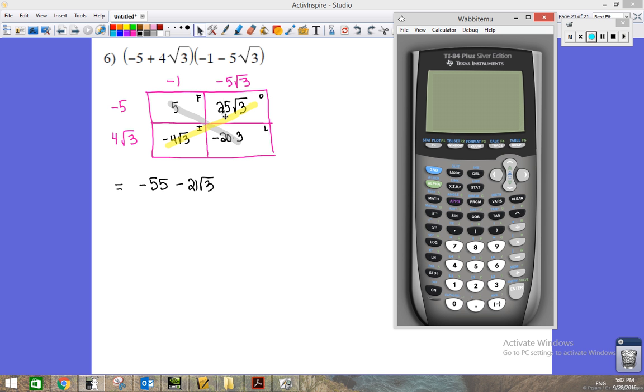Negative times negative, positive. 5 times 5, 25 times radical 3. The 4 times the negative 5, negative 20. Radical 3 times radical 3, the radical goes away. This is negative 60 plus 5, which is negative 55. And I have 25 radical 3's. Take away 4 radical 3's, and that's 21.